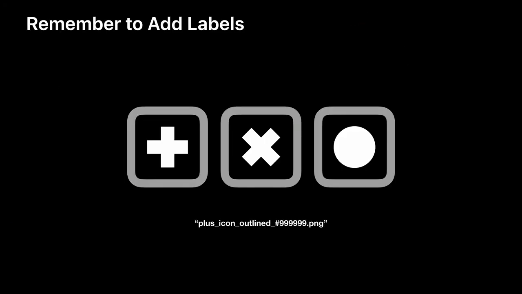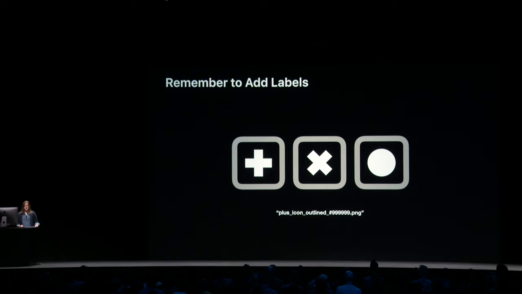If there is no label added, and if there's an image within the button, VoiceOver might speak something like, plus underscore icon underscore outlined underscore hash 999999 dot. What? What does that even mean? So please guys, add labels.